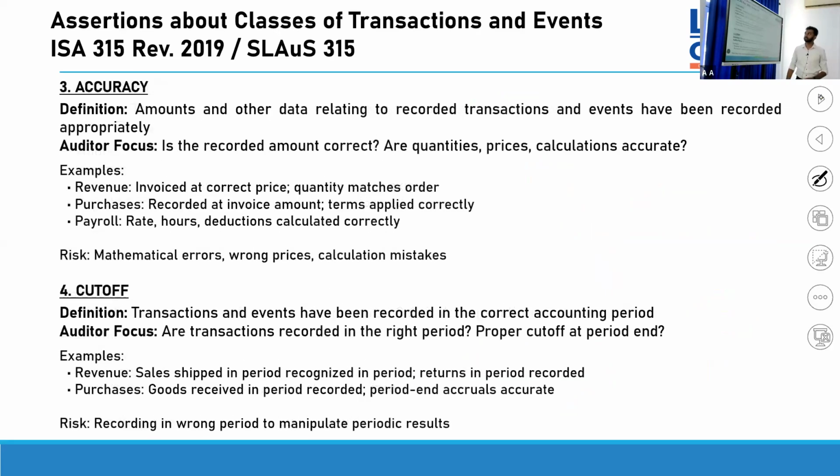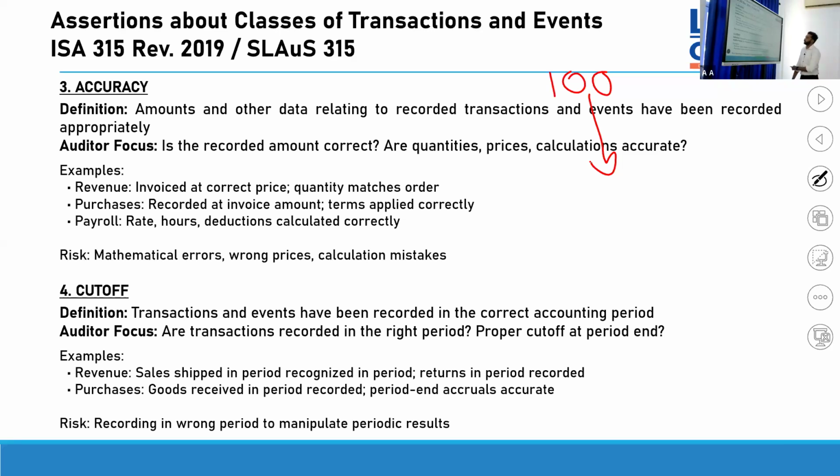Third one, accuracy. Okay, we have recorded all the 100 invoices, right? But the third thing is accuracy. Is the sum of these 100 invoices correct or wrong? That is the third thing, accuracy.